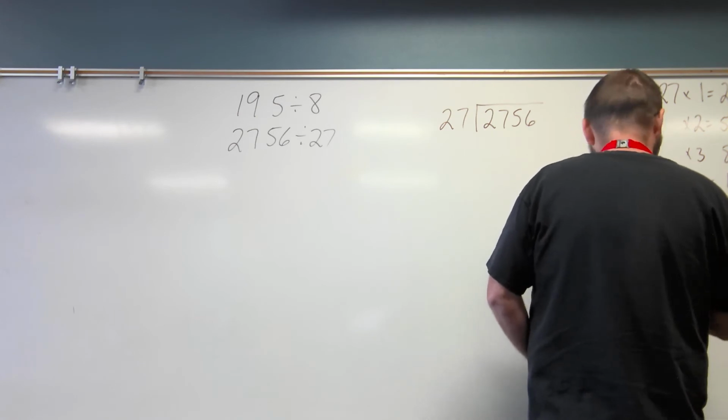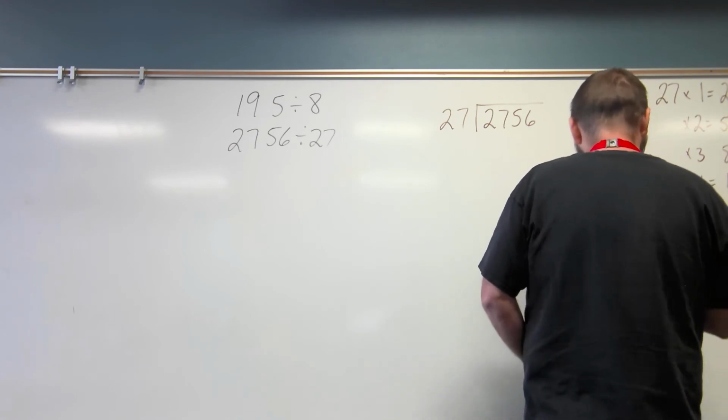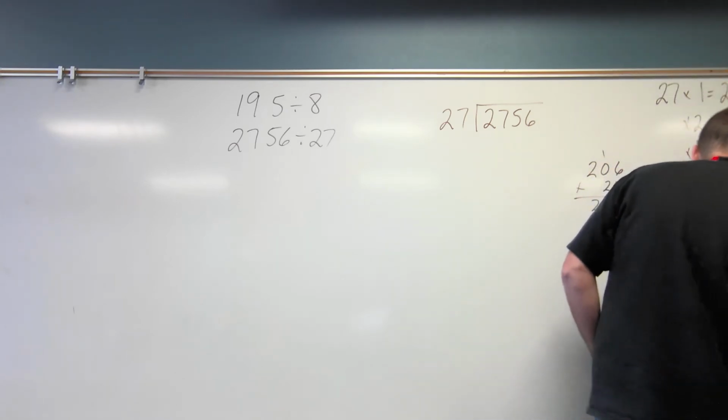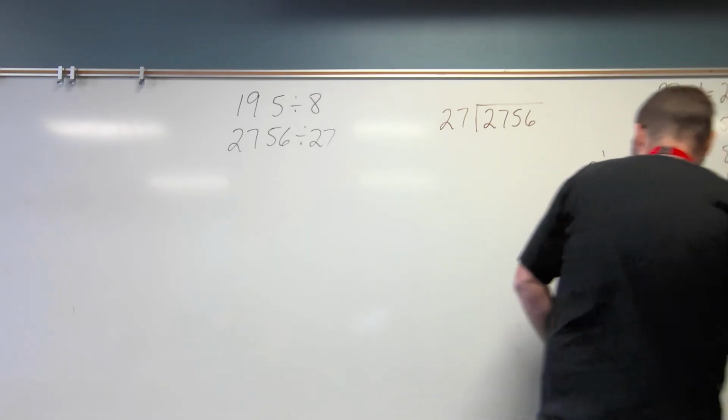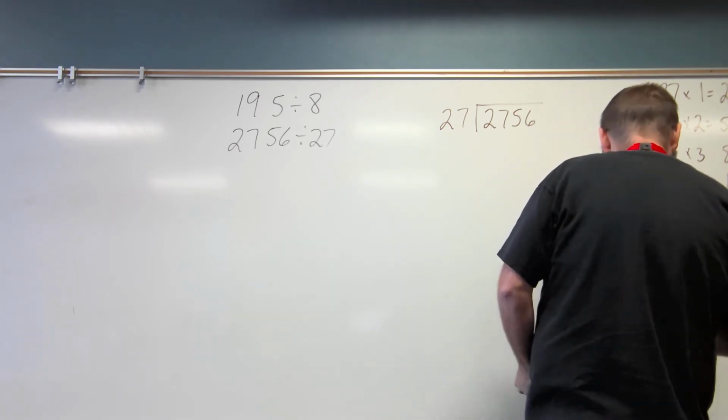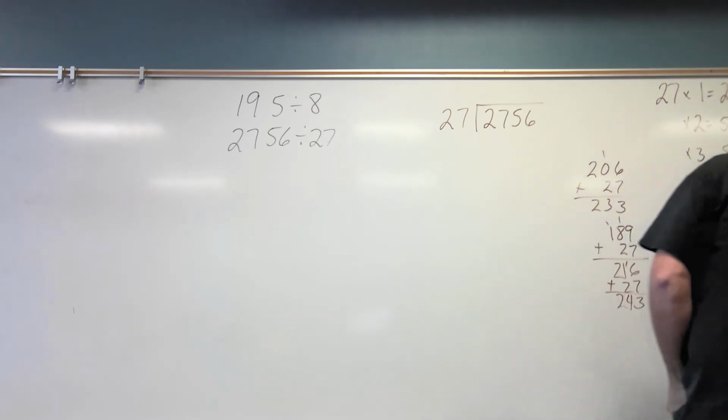Oh, wait. So it's 189 plus 27, which is 216, which makes the times 9 wrong. So 216 plus 27. I get it. 243. I said it.